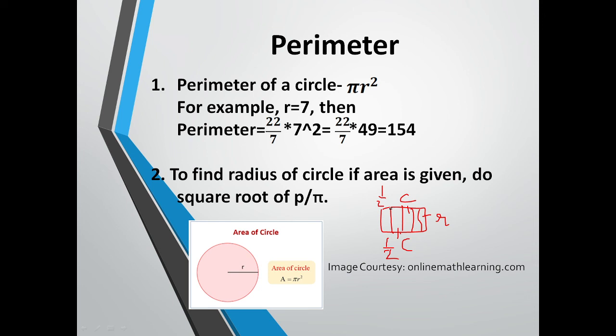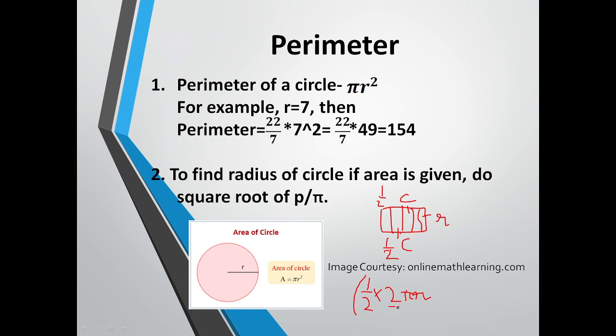The area of a rectangle is length into breadth, which is radius into half of the circumference. We know the formula for the circumference is 2 pi r, so half into 2 pi r is half of the circumference.